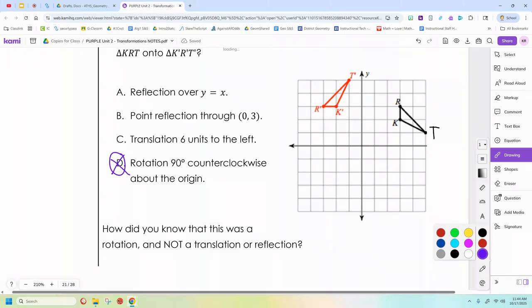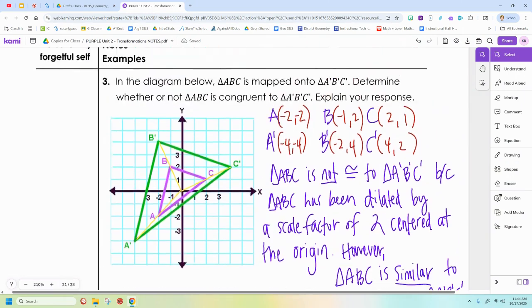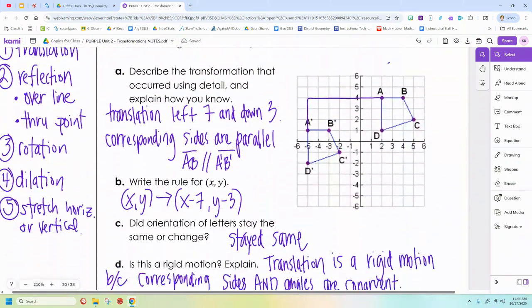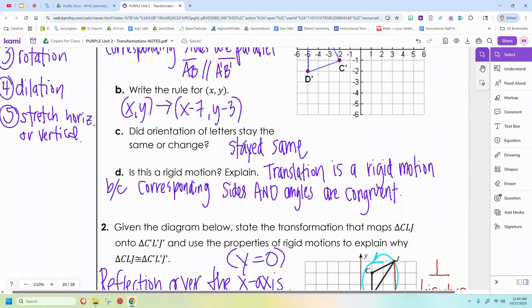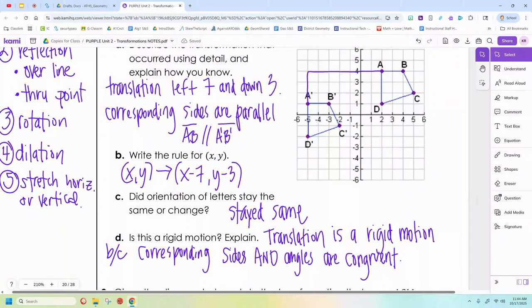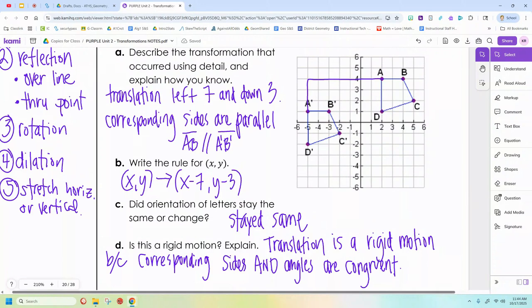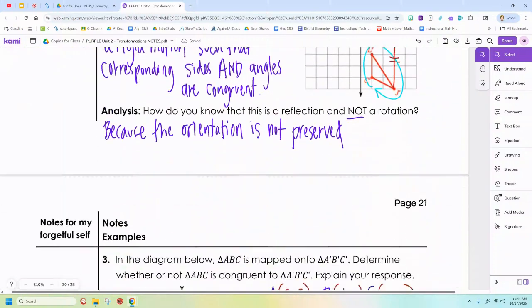How else can we tell that it's not translation? What was the thing we wrote on this first question? Orientation tells me that it's not going to be a reflection, right? What do you know, Luca? Because corresponding sides are parallel. Yeah, so they aren't parallel.